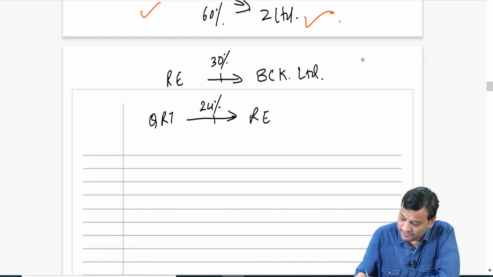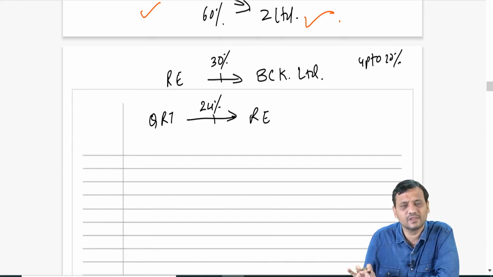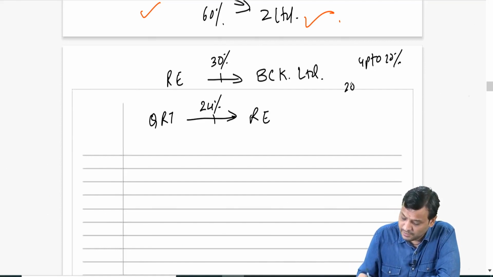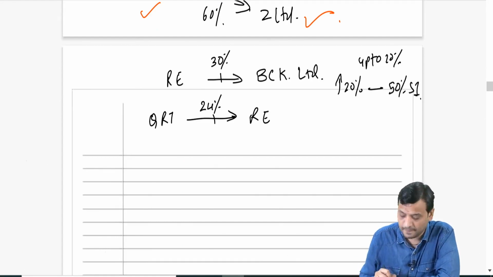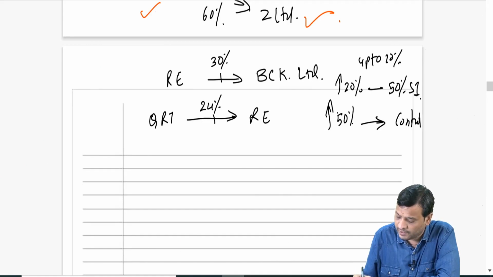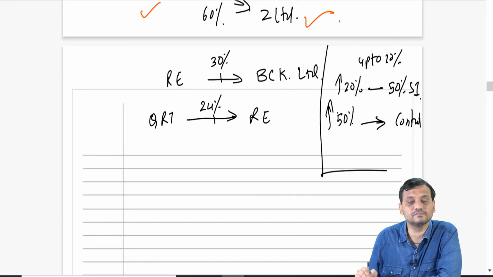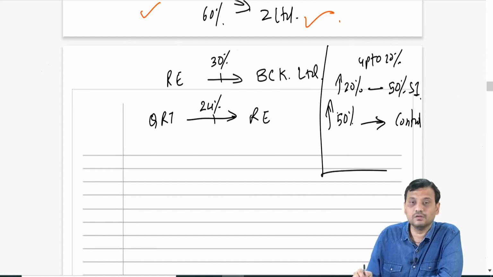Now normally friends, up to 20% we say no issues, it is a normal investment. Something above 20%, but up to 50% we say it is significant influence, hence they are referred to as associate. But something which is above 50% is nothing but we have control over it, yeah, we control it. So then it is referred to as subsidiary holding. Here it is referred to as investor associate.